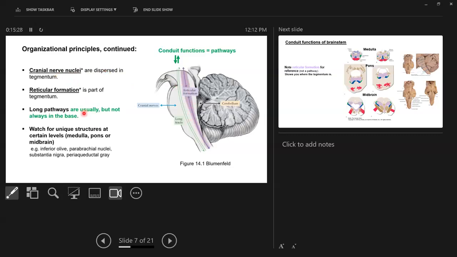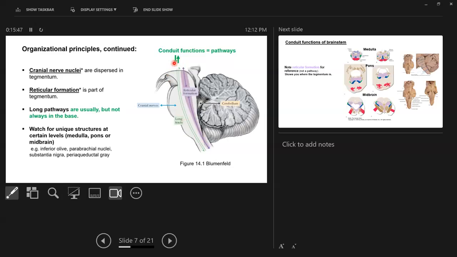Long pathways, and those are illustrated under the conduit functions, are usually but not always close to the ventral aspect, the base. And again, some of them ascending, some of them descending.